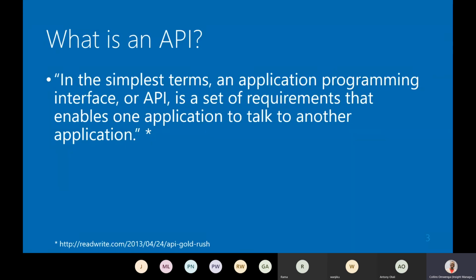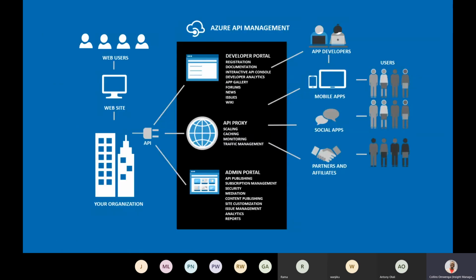Ideally, it's an application programming interface service on Azure that helps provide visibility in terms of how you're going to integrate with other platforms, other partners, other users, and also how this ties back to the open data conversation. So that solution is called Azure API Management, and the offering here is divided into three. We have a developer portal, an API proxy, and an admin portal.